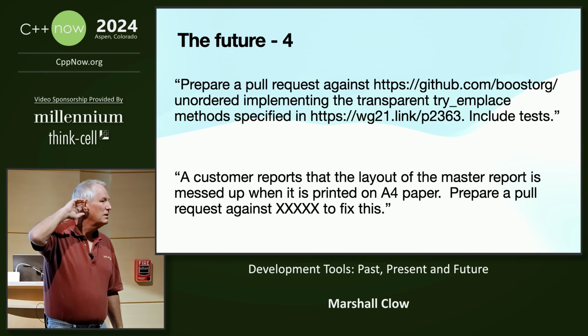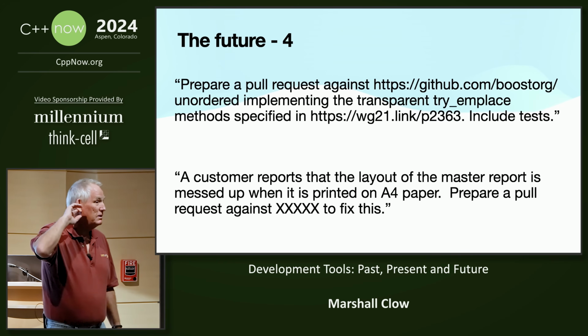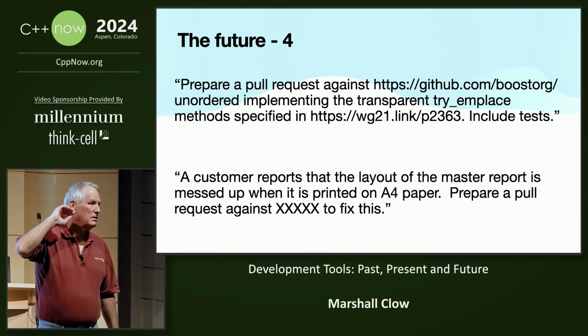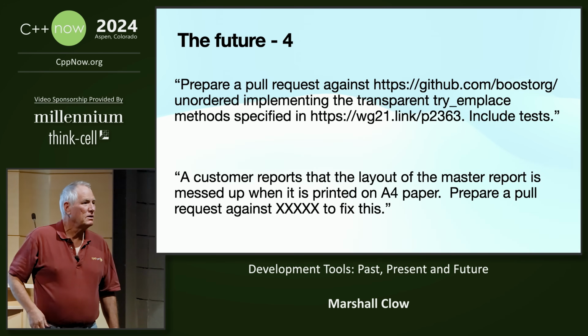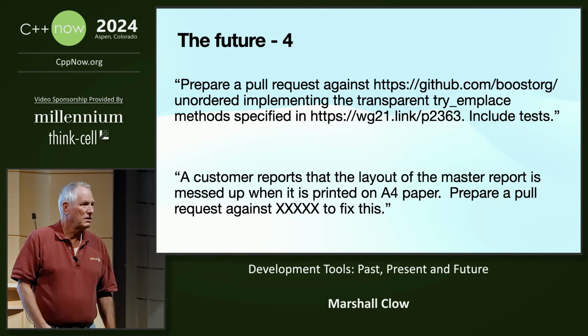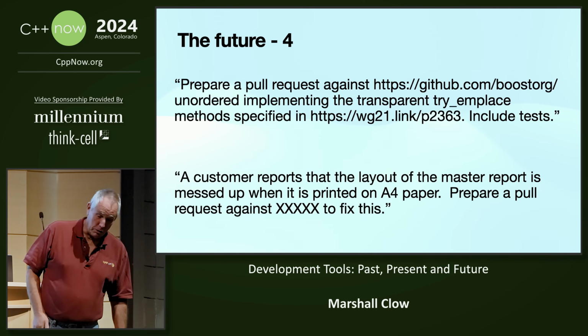Sorry? ISO's not a complete spec, though. You can't get a pull request from an ISO spec. You can't get pull requests from what? An ISO spec has undefined behavior and implementation-defined behavior, right? Maybe AI can fill in some blanks, but I think you're going to have to walk it through a bit. Could be.